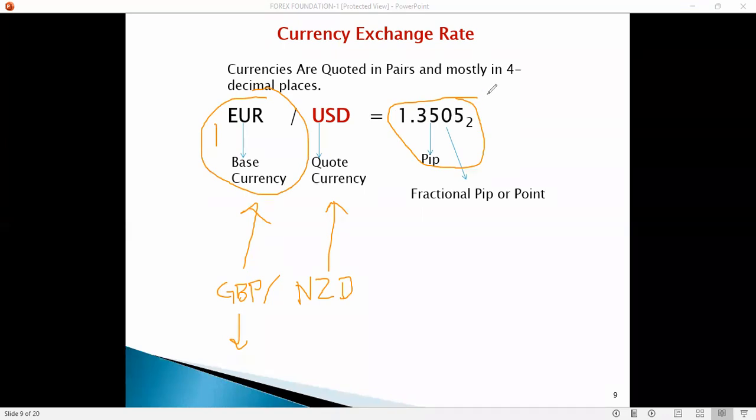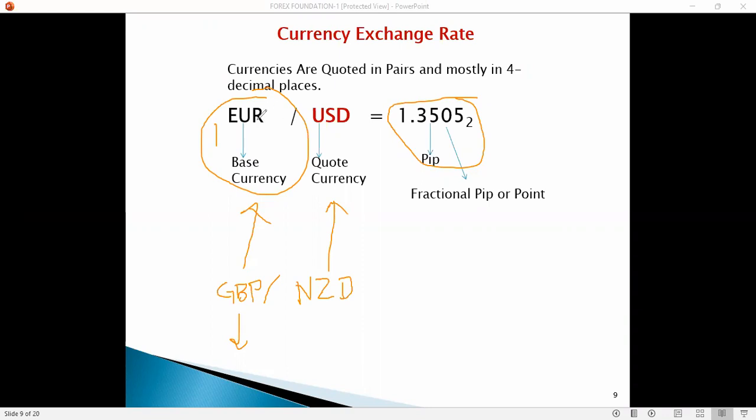All right, so the base currency, which is the currency at the left hand side, is always regarded as 1. I say it again.